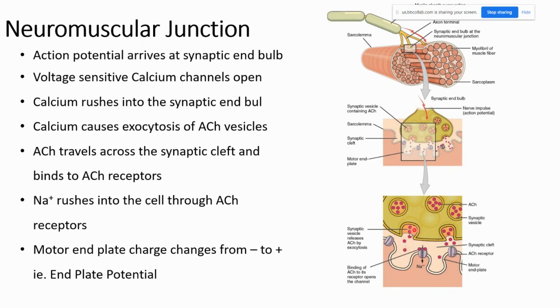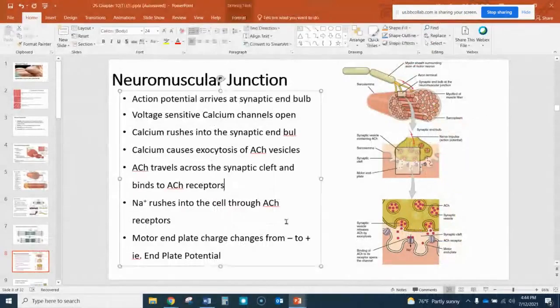The neurotransmitter, the chemical messenger that we use in skeletal muscle, is called acetylcholine. It doesn't actually say it there. Does it spell it anywhere here for you? No. I'll write it in just so you can see the actual non-abbreviated name. Acetylcholine, and it's often abbreviated to ACh, just like right here.